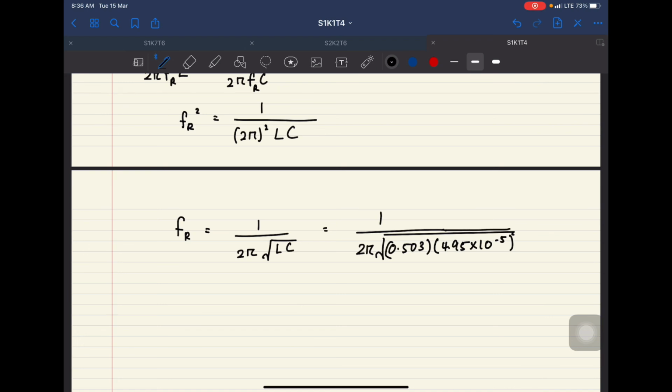Okay, this one if you calculate you should get, actually the formula you can use straight away.